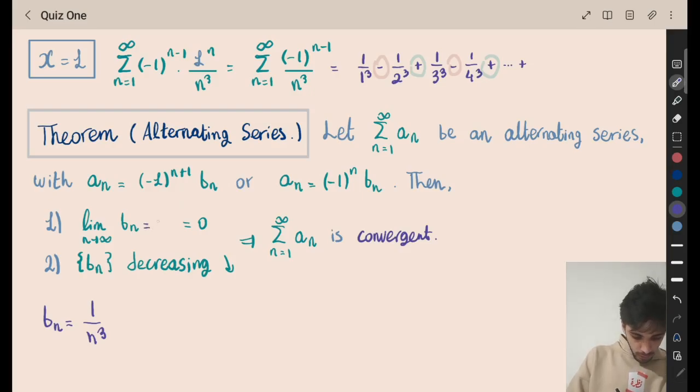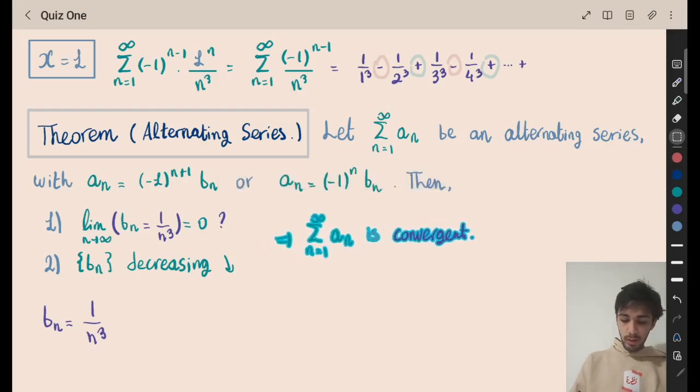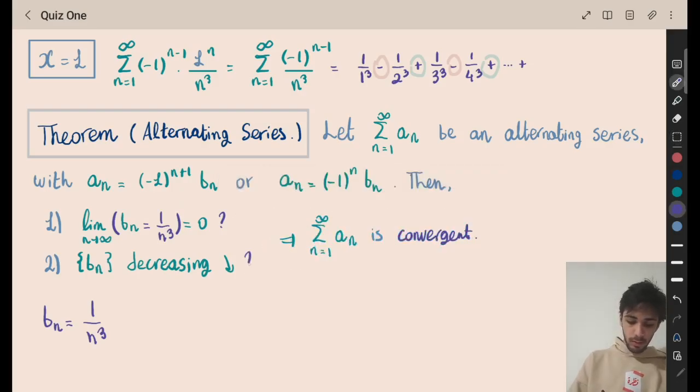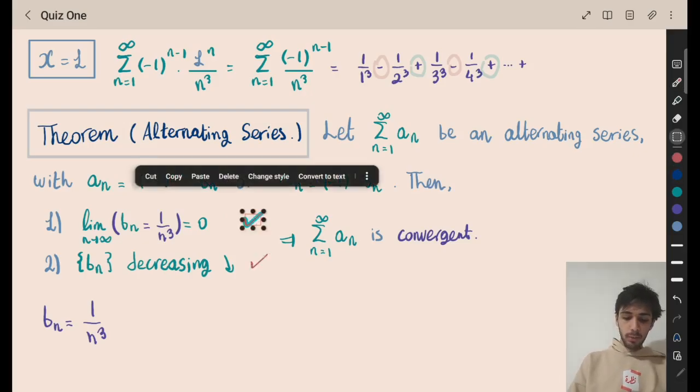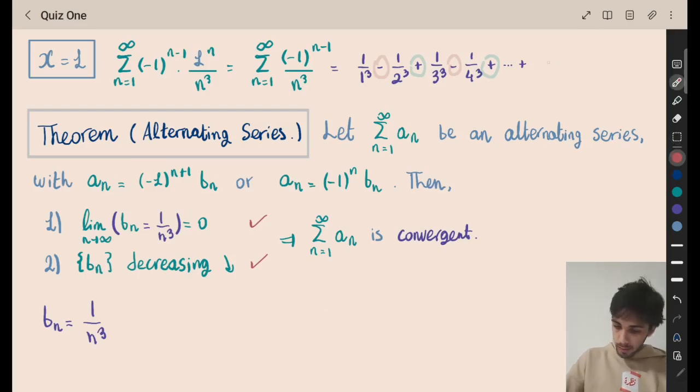The first thing is, is this limit equal to 0? And the second thing is, is the sequence Bn decreasing? And the answer to both questions is positive, and therefore this is convergent.